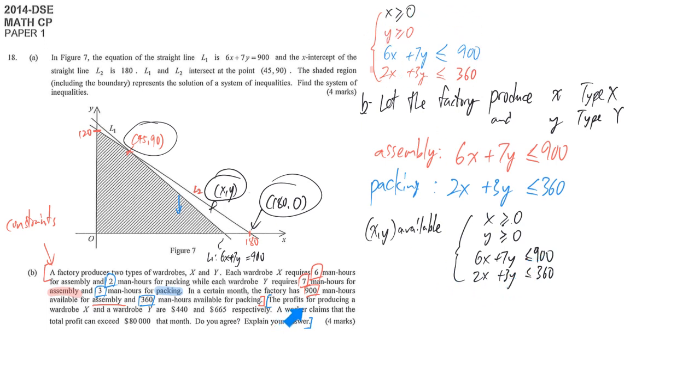And then we know that in order to get the maximum or minimum of a linear function, here we are talking about profit, it must come from some vertex of this quadrilateral. So we are talking about the first point here, second point, third point, and also the fourth point. That means we need to consider each vertex.